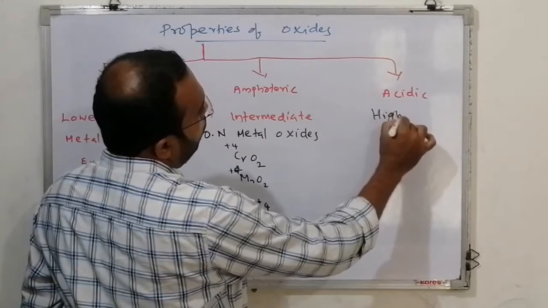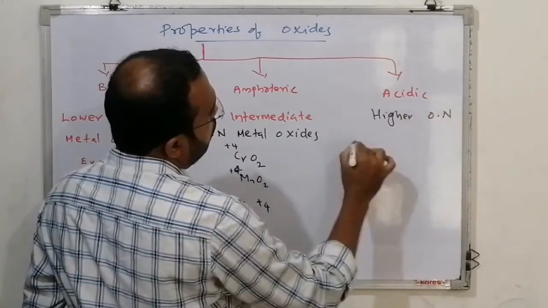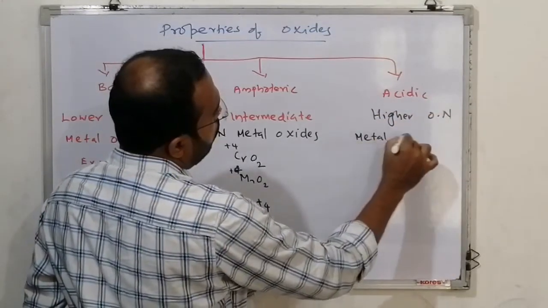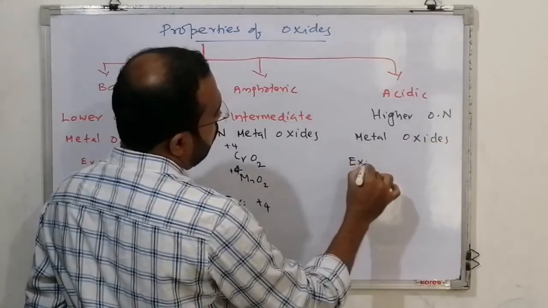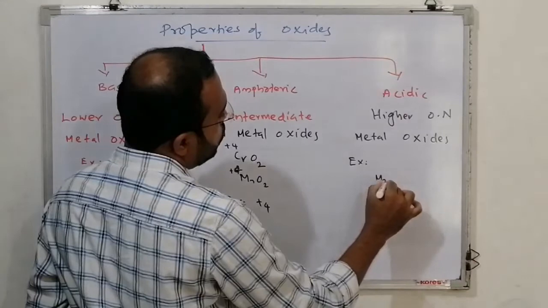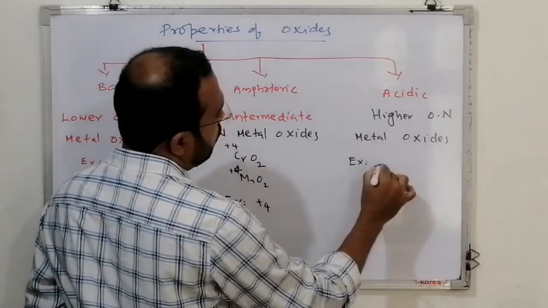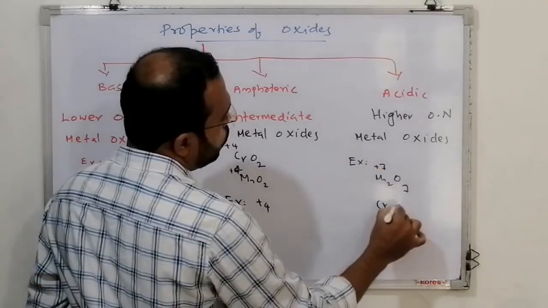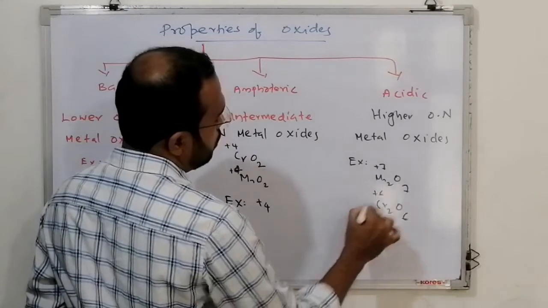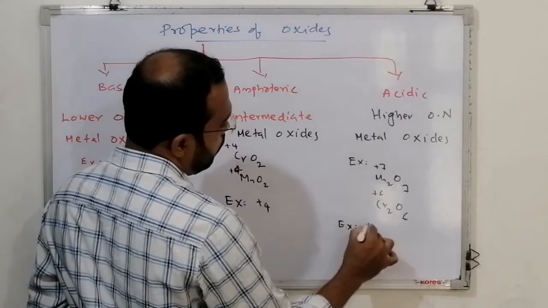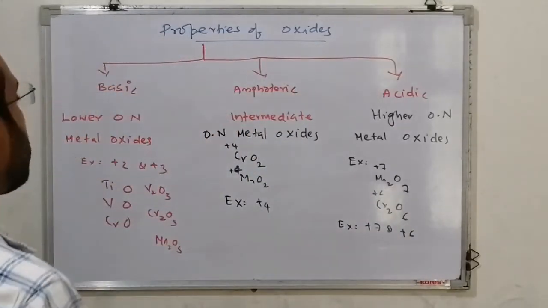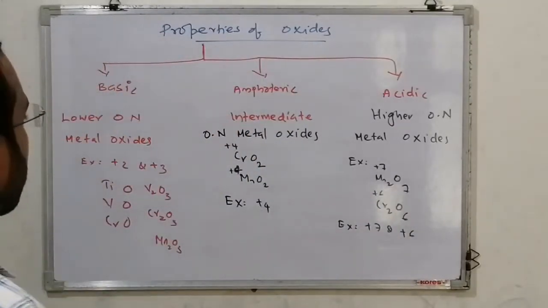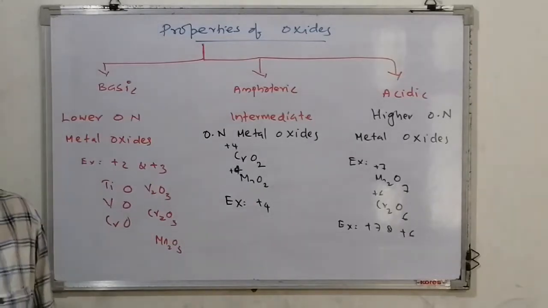Higher oxidation number metal oxides, examples are Mn2O7, that is +7, and CrO3, that is +6. The +7 and +6 oxidation state transition metal oxides are acidic.